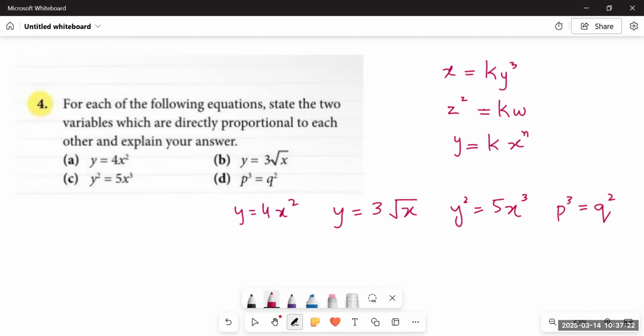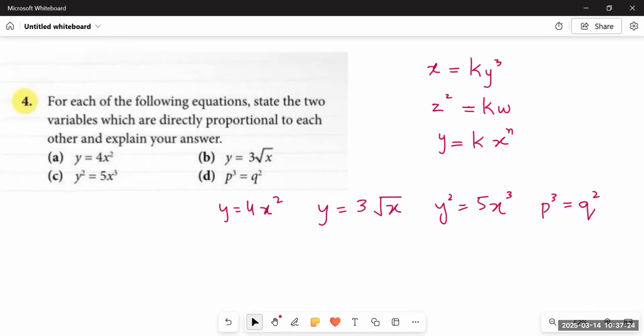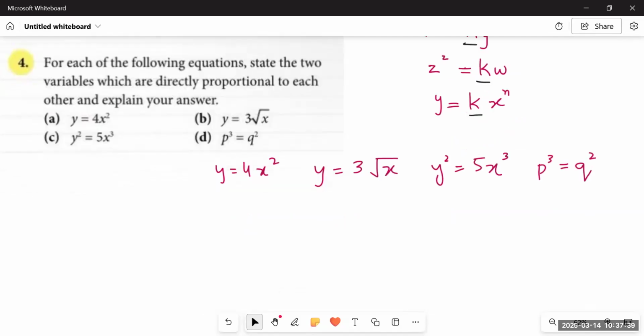In all these situations, what do we have to find? It is the constant. That's it. After finding the constant, we will just remove the constant and the remaining ones would be directly proportional to each other, right? Like if y is equals to 4x squared, 4 would be the constant. If y is equals to 3 under root x, 3 would be the constant.